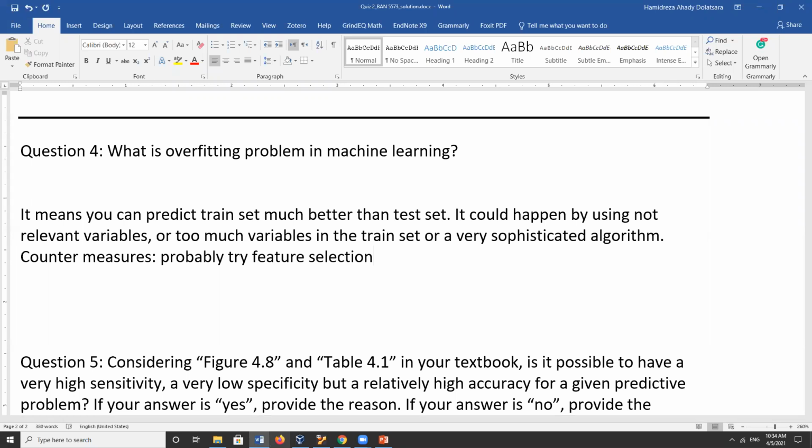So you select the features that are more useful, or try different algorithms like neural network, decision tree, logistic regression, you name it. There are so many other algorithms.